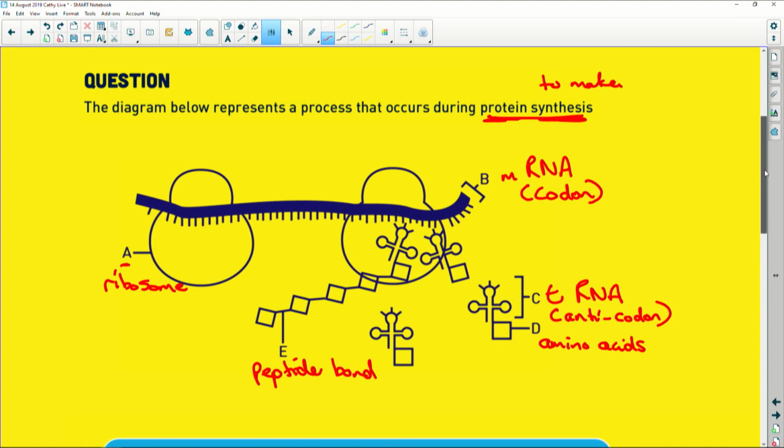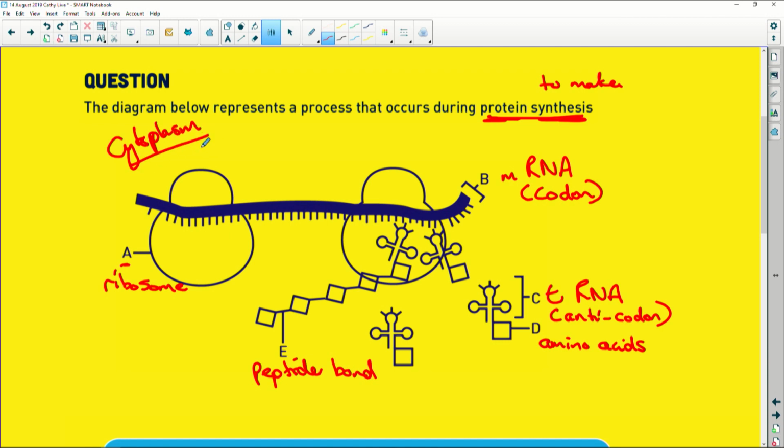All right, so that is transcription. You've transcribed the message or the recipe from the DNA to the messenger RNA. Remember, DNA can't leave the nucleus. So the messenger RNA gets ready and zips through the nuclear pore into the cytoplasm.